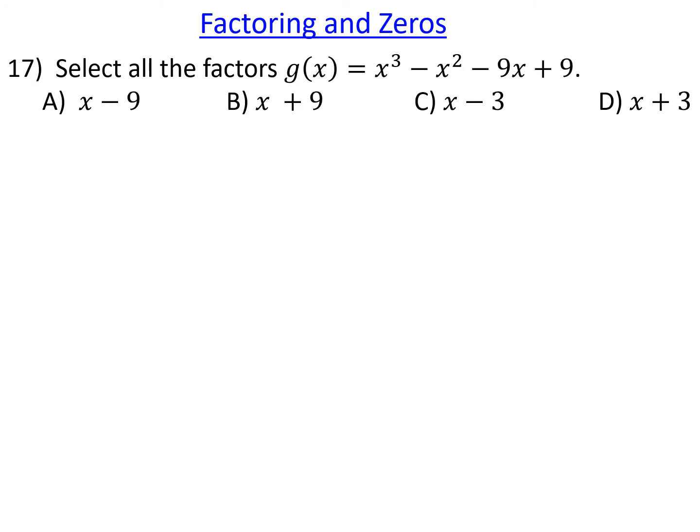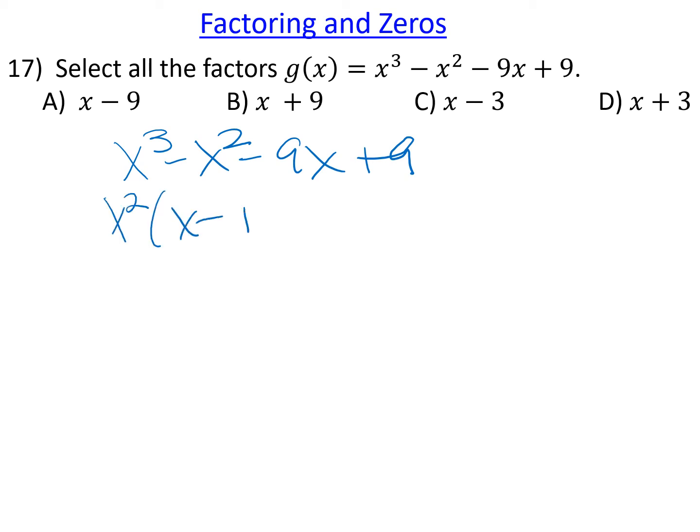Okay, finding zeros. Okay, so in this one, it wants me to factor by grouping. I have 4 terms. Okay, so I have my x cubed minus x squared minus 9x plus 9. My GCF is x squared. This one, when I factor out the 9, I have to factor out the negative also, so I have an operation here. So -9 times -1 is +9.